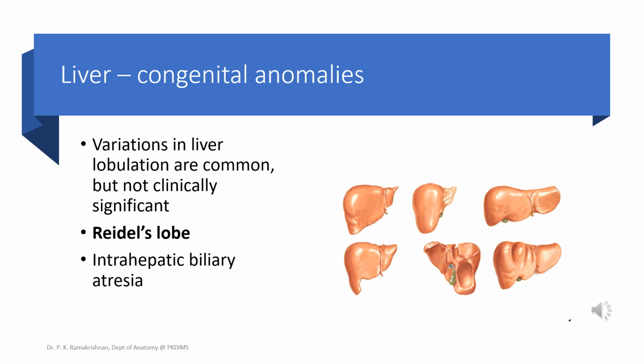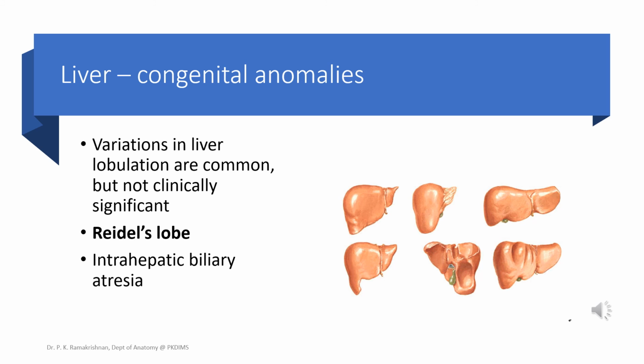Coming to the congenital anomalies related to development of the liver, the most common variations are those seen regarding the liver lobulation, but they are not much clinically significant. An important congenital anomaly of the liver is called a Riedel lobe. The Riedel lobe is a tongue-like extension, usually from the right lobe of the liver.